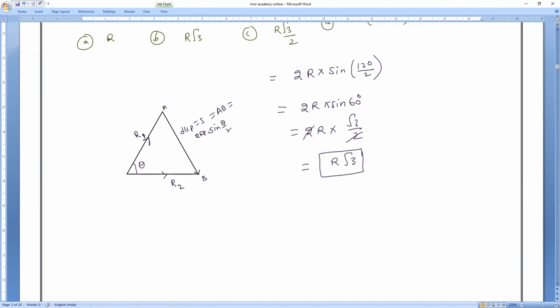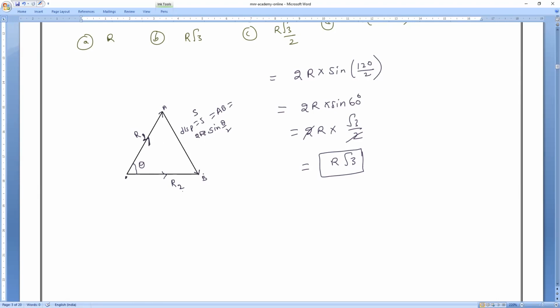Let me take displacement as S. The person starts from A, the starting point, and finally reaches this point B. Can you understand, everybody? This is the direction he is going, he reached like this, and finally he came like this.